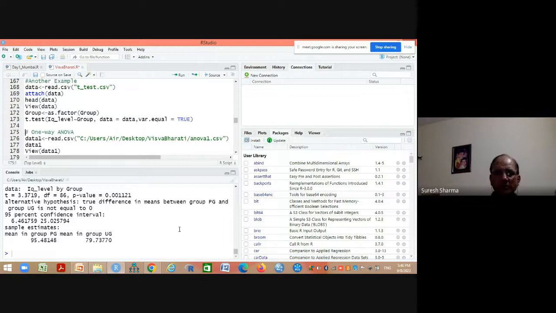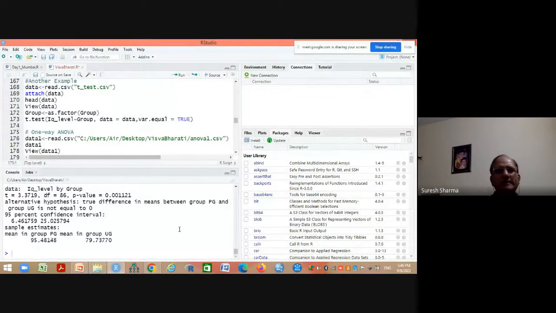But suppose there are three groups, four groups. Let me give you an example. Suppose in India there are three types of boards: CBSE, ICSE, and state board. All of them are conducting 10th class examinations. Now somebody is interested to see whether the performance of all the boards, let's say 10th class students, is the same or there is a difference.